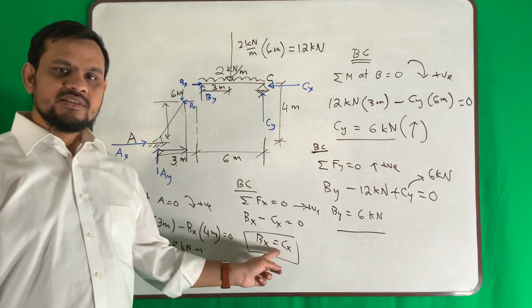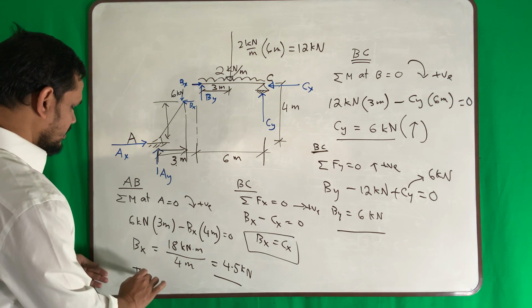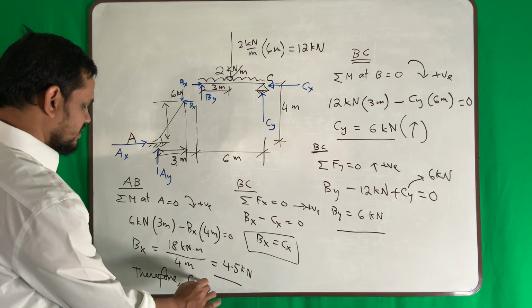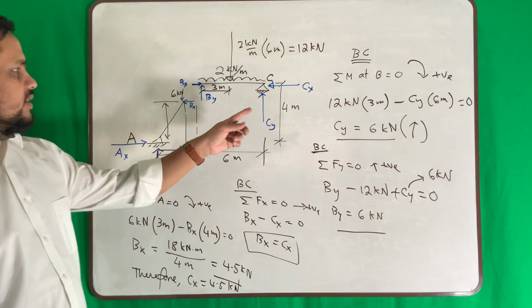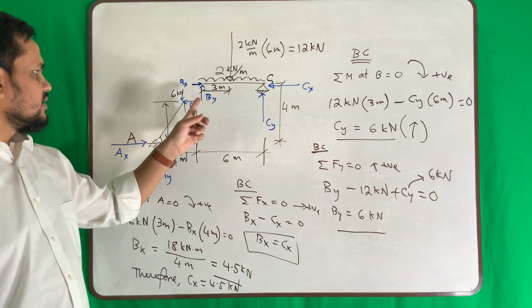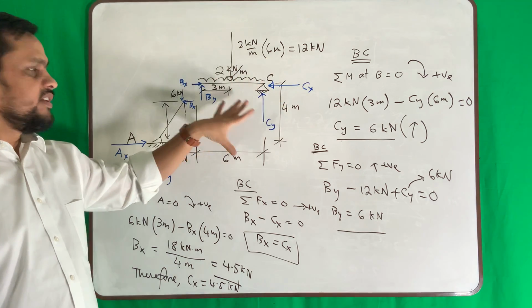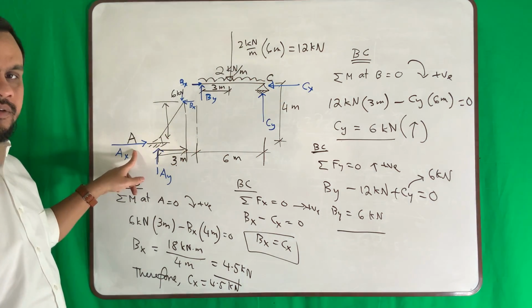So what is my Cx? Same thing. So we can say therefore Cx is also 4.5 kilonewton. So I got Bx, By, Cy, Cx. I got everything here. I did not get anything here.